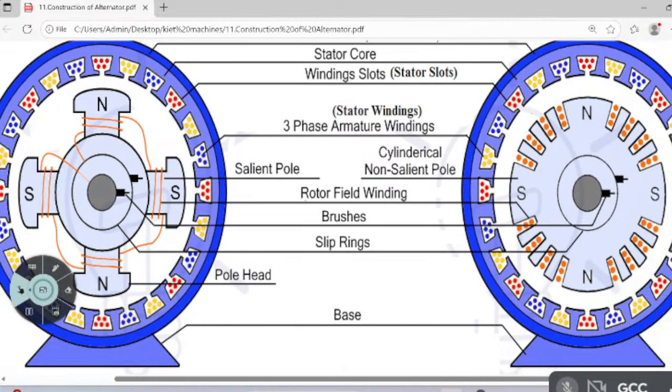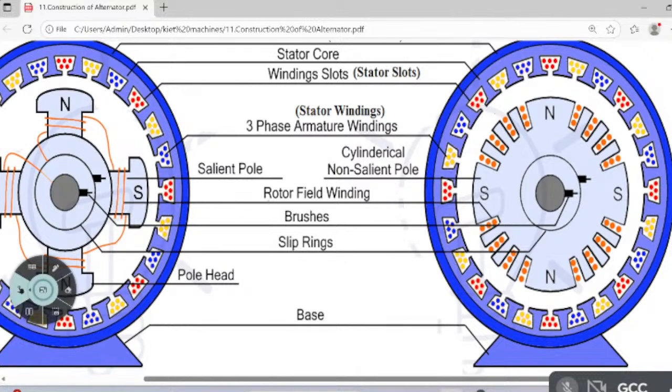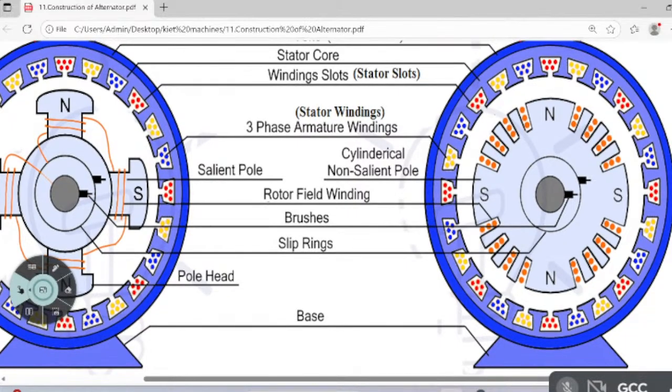Here also it is the same, like this I am rotating: north pole, south pole, north pole, south pole. You can use any one.